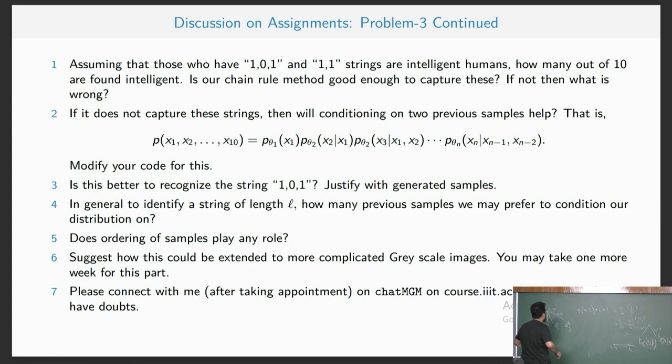That is 4n minus 8 plus 3, which is 4n minus 5. So this is a slightly more complicated model compared to the previous one, when it was of order 2n minus 2.